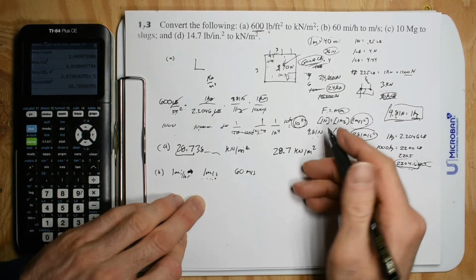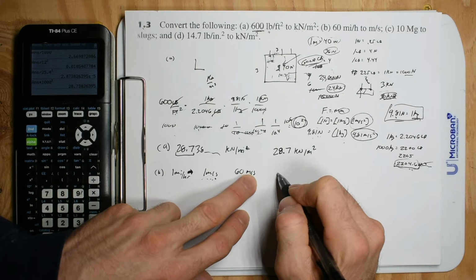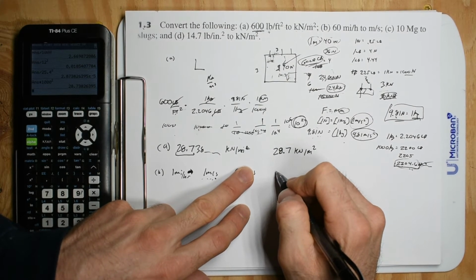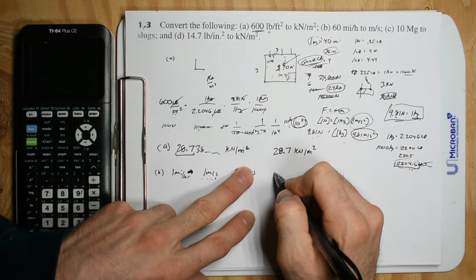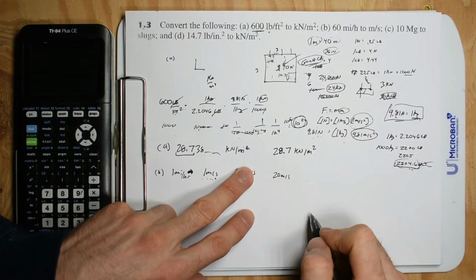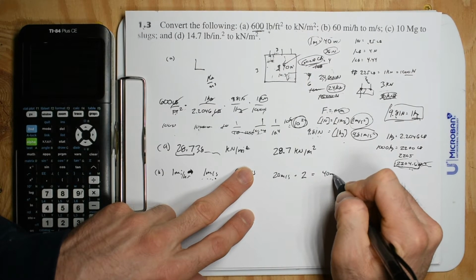Now, here's one to know. Let's say my car is going 20 meters per second. How fast is my car going? If you just know to multiply by 2, that gets you pretty close, 40 miles per hour.